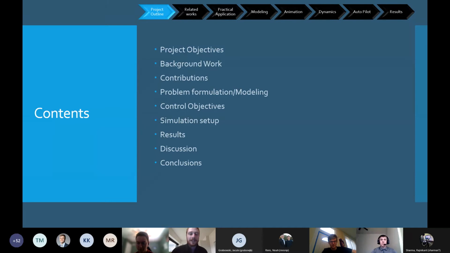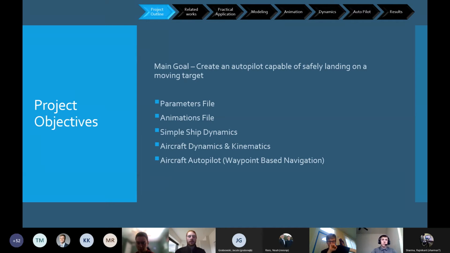Okay. Here's a quick overview of the contents of the PowerPoint. The project objectives, the background, the problem formulation, the control, the simulation, the results, the discussion, and the conclusion. The main goal was to create an autopilot capable of safely landing on a moving target.